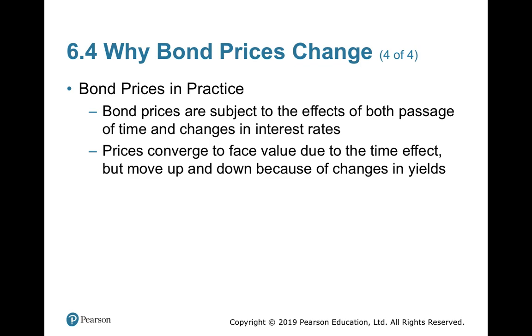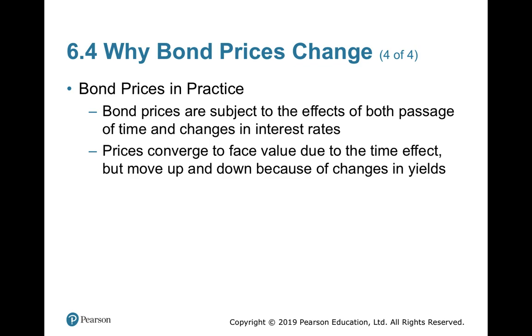As I told you, the more time passes and the closer it goes to maturity, the price will also be very close to the par value, and that is because of the passage of time. And when the interest rate changes, the price also changes. We have seen the impact of both characteristics.